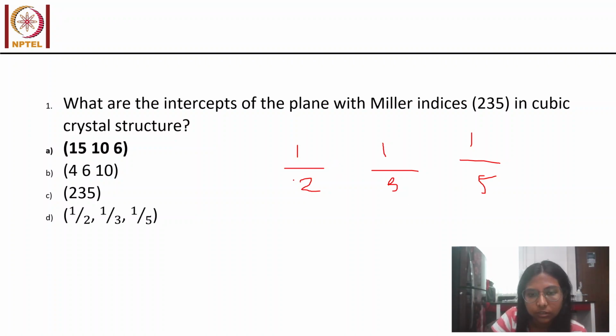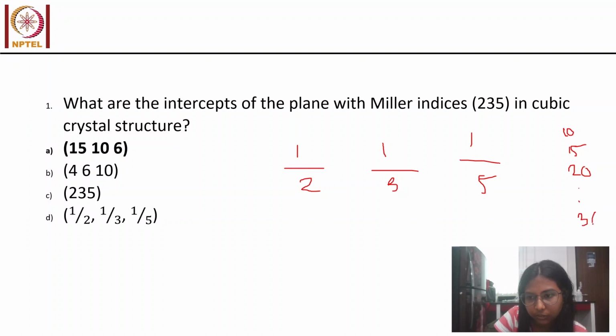So what is the LCM? We have 2, we have 3, we have 5. If we go from 10, it will not be divisible. 15 will not be divisible by 2. Then we have 20, 25.